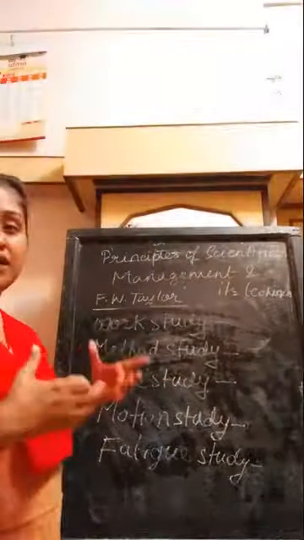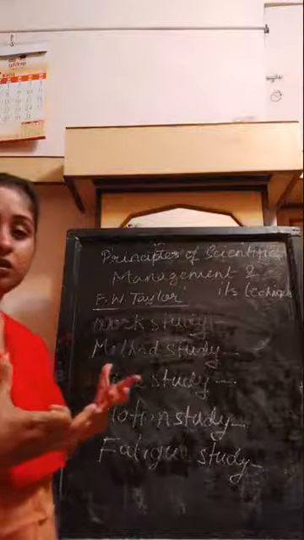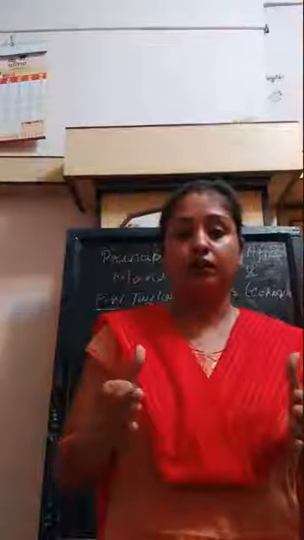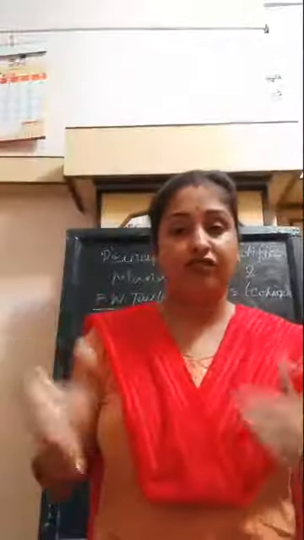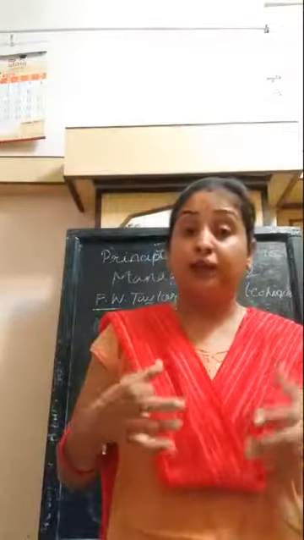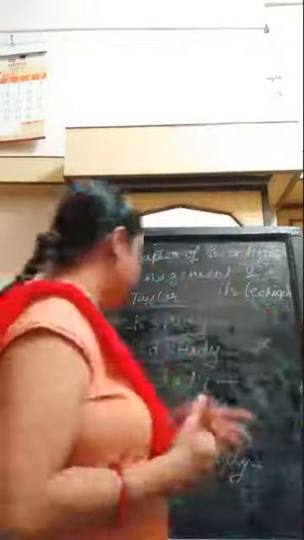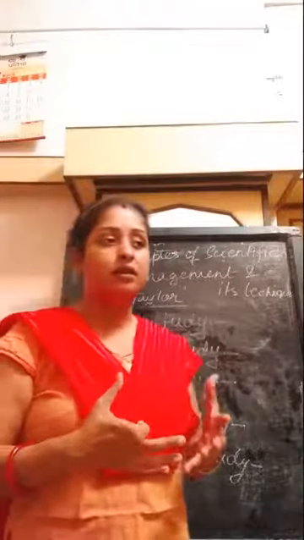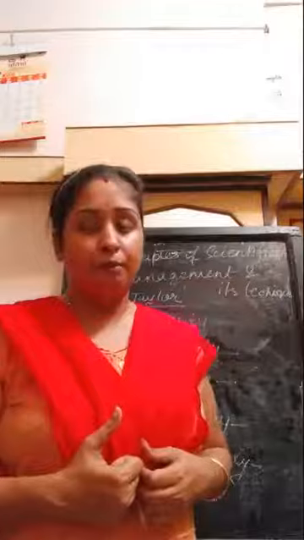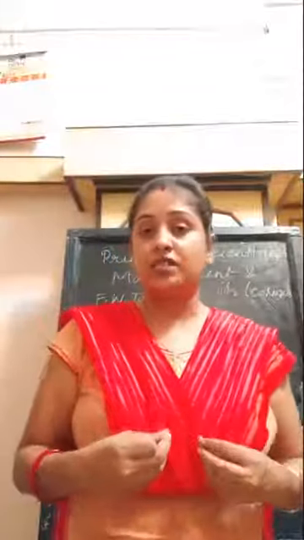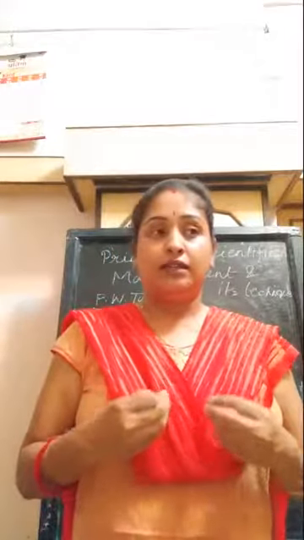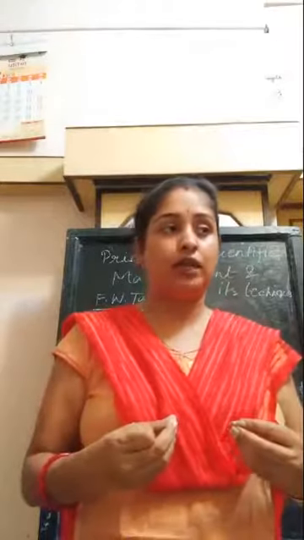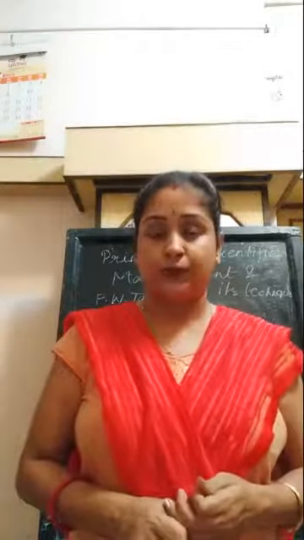Now work study. Work study means it includes a systematic body where all the work should be done in a proper manner, in a scientific manner by adopting new techniques. Then the method study. There are various methods of operations, but it is the responsibility of the management that it should always select the best possible method which will not allow wastage.